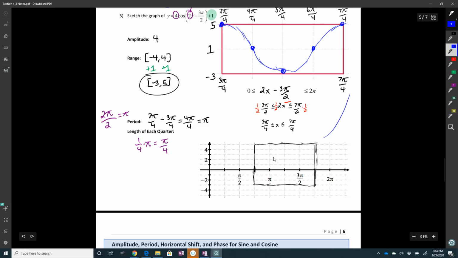So there's my box. And I know that 1 is in the middle. And there we go. If I wanted to extend it, I just repeat the pattern.